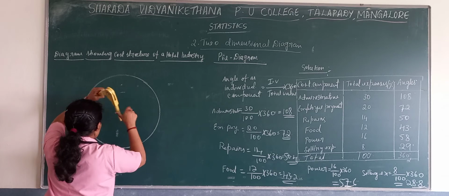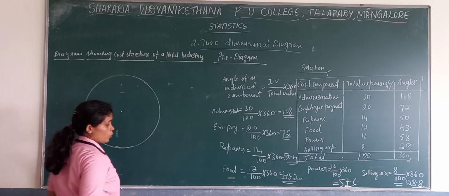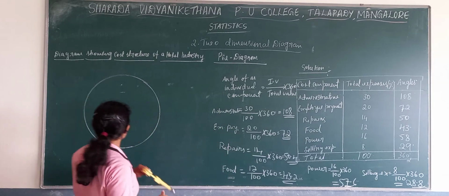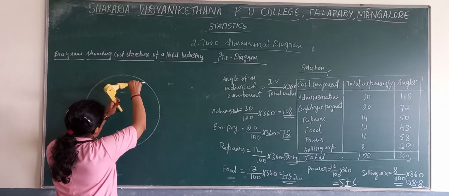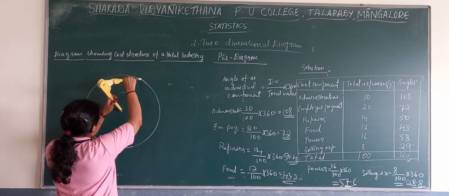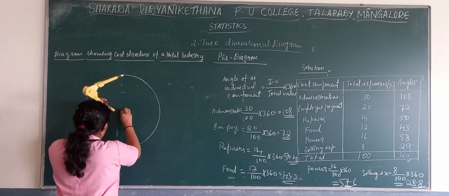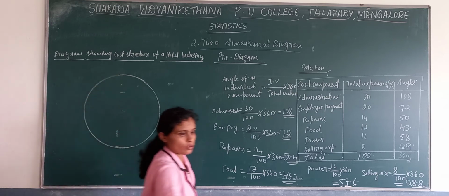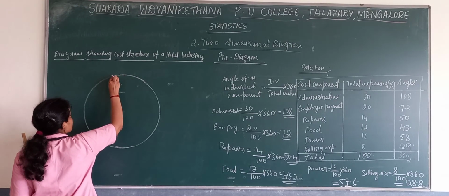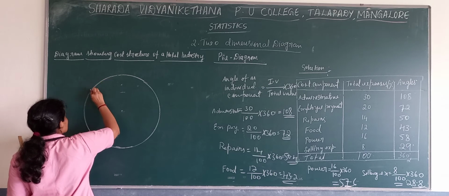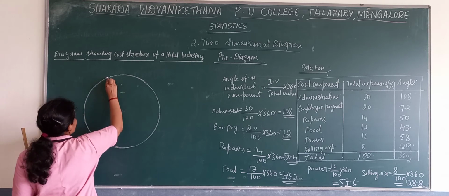That point you have to note, otherwise your angles may go wrong. Now, see there, this is a circle. I hope it is clear. I'll make it a bit bright.